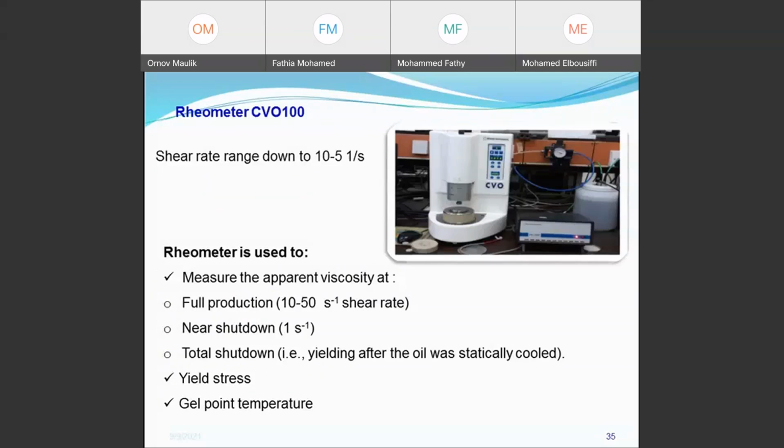The rheometer is used to measure the apparent viscosity at full production, with shear rates 10 and 50, near shutdown with shear rate 1, and totally shut down, yielding after the oil was statically cooled. We measure the apparent viscosity, and we also measure yield stress and gel point temperature.